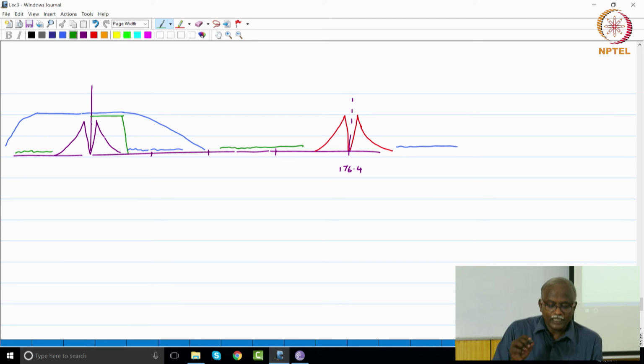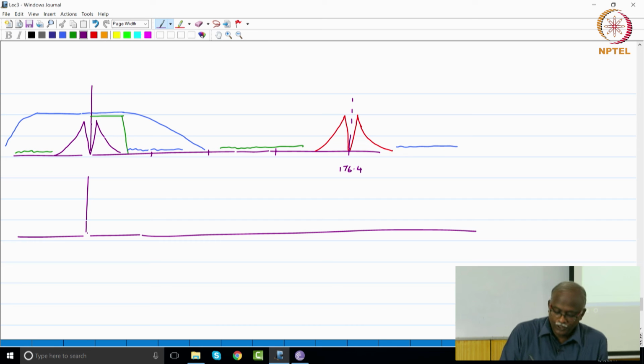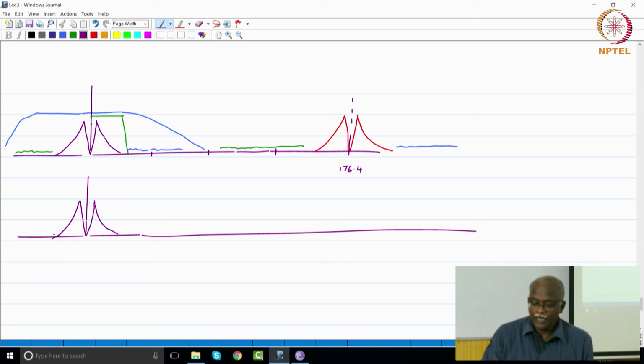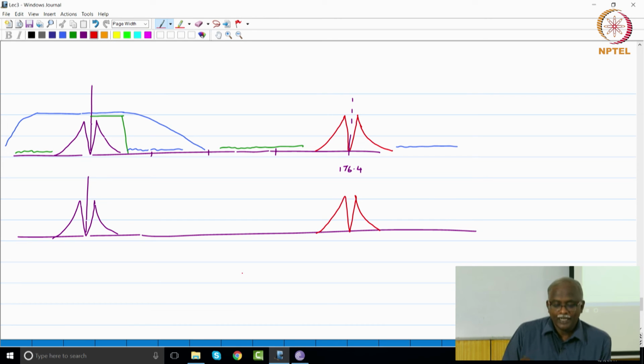So, now the question that is being asked is that I am going to have the same scenario, and here is the replica of the signal, that is when I sample it at 176.4 kilohertz, this is where it is going to come. Now, if I allow my analog anti-aliasing filter to be a little sloppier than before, what will happen?